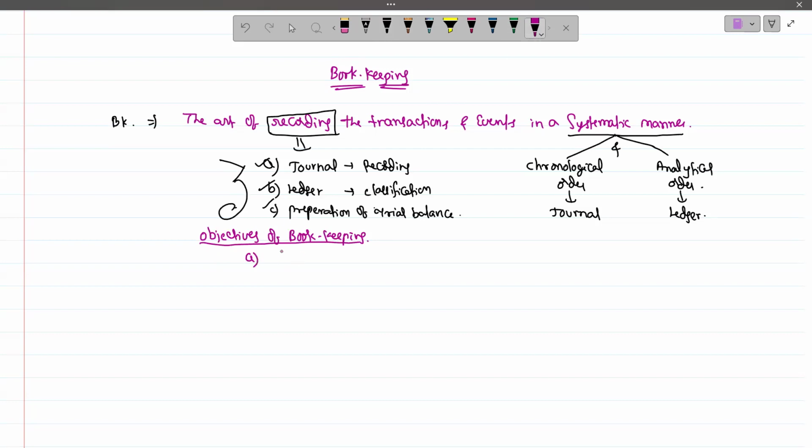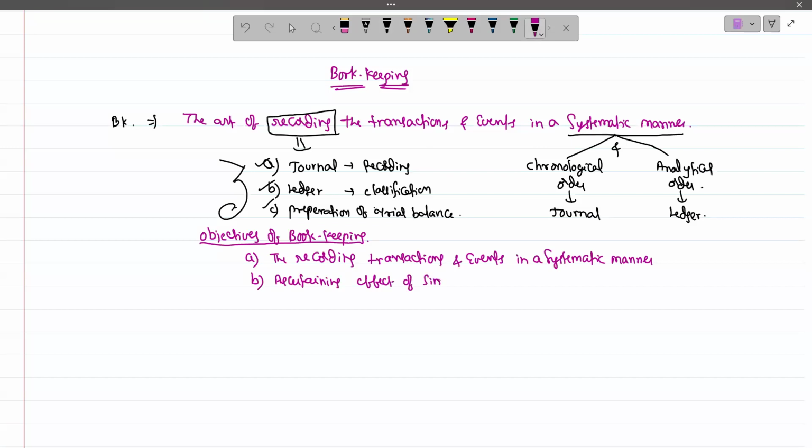The main objective of bookkeeping is, first, recording the transactions and events in a systematic manner, and second, ascertaining the effect of similar nature of transactions on the position of the entity.